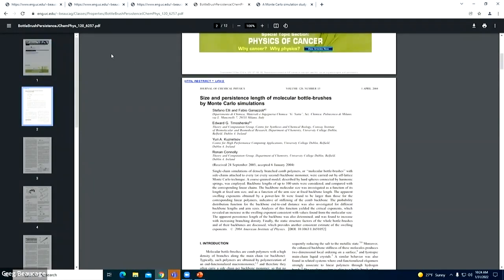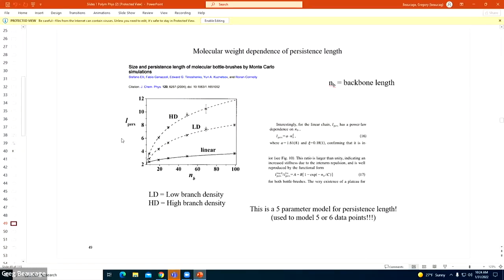So this is the Connolly one, he's from Ireland. He's just showing that you get a higher persistence when you have a high density of branches, lower persistence when it's lower density. As you go along the chain, this is as you increase the molecular weight of the chain.